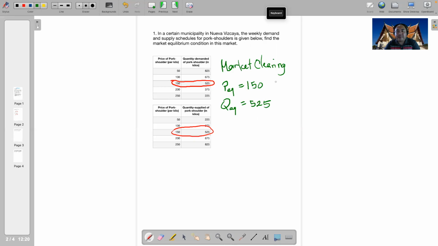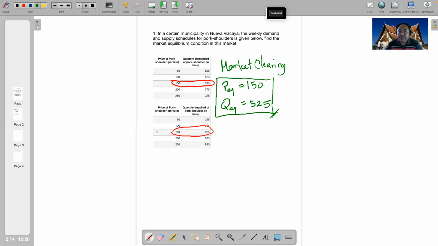And there you have it. When you're asked for the equilibrium condition, you're asked for both the price at equilibrium and the quantity demanded and supplied at equilibrium. It's very easy when you have a table, you just have to spot it.